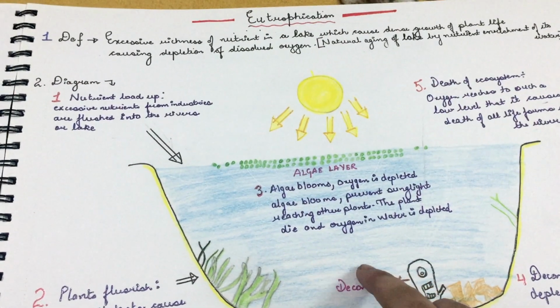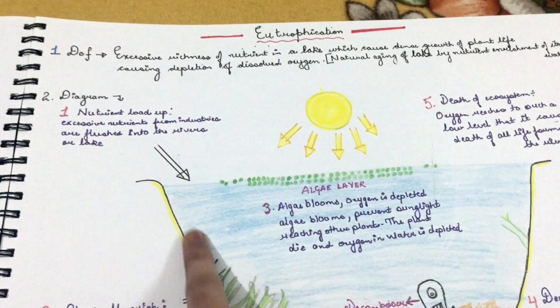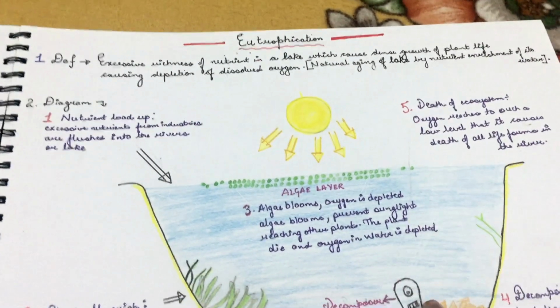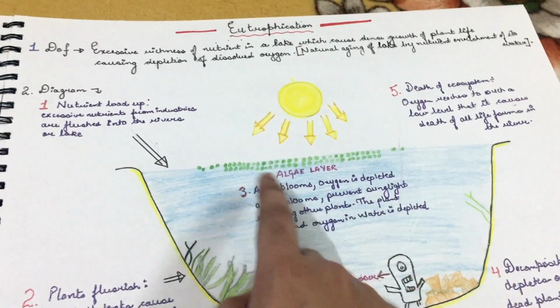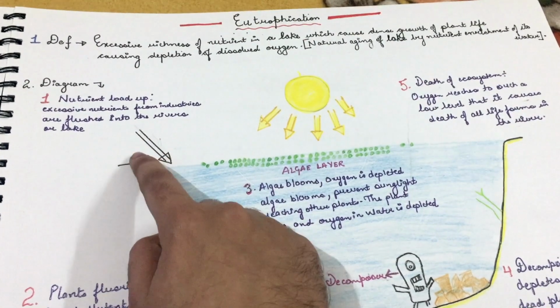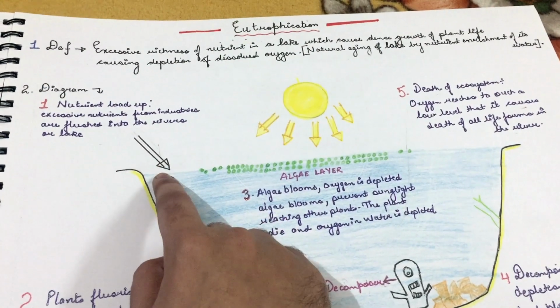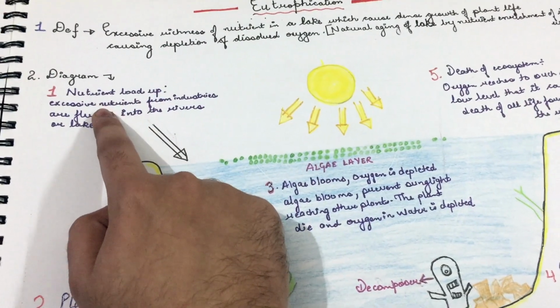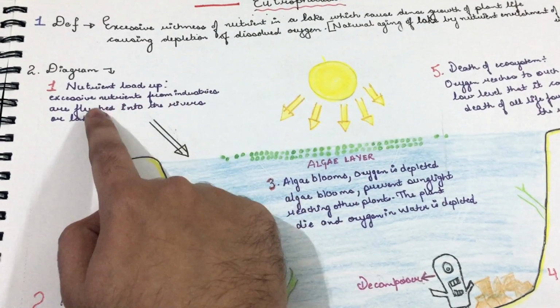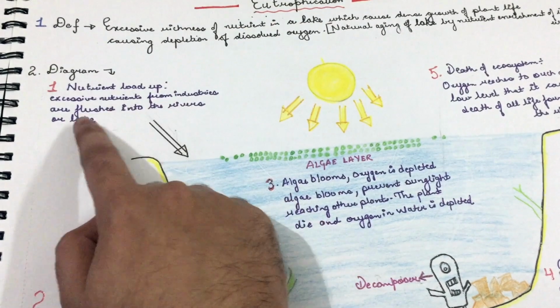Now let us understand what is eutrophication with an example. Suppose this is a lake or a water body and nutrients are added to this lake by the industries. Excessive nutrients from the industries are flushed into the river or the lake.